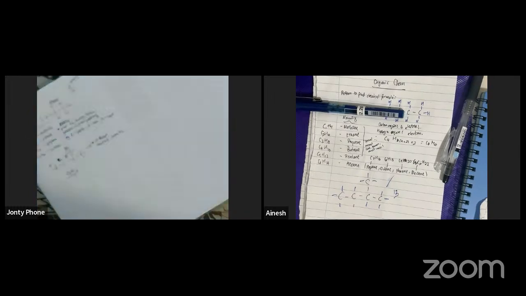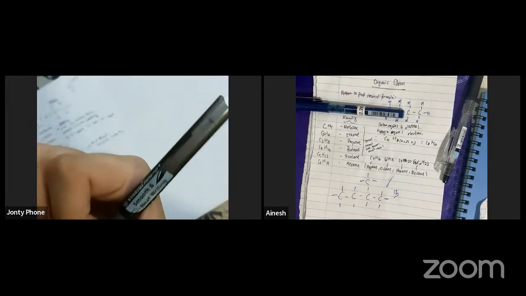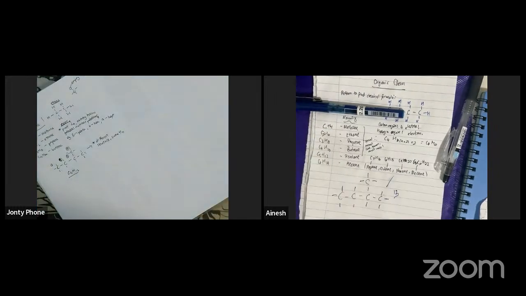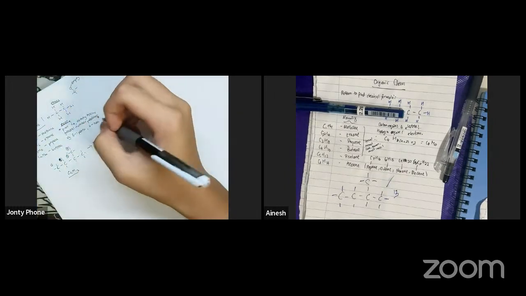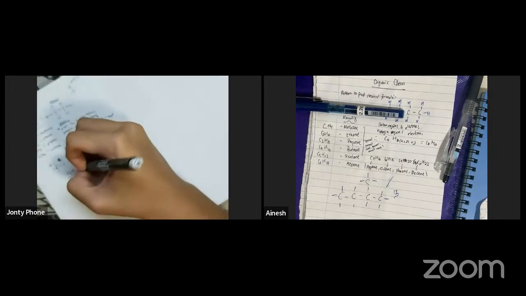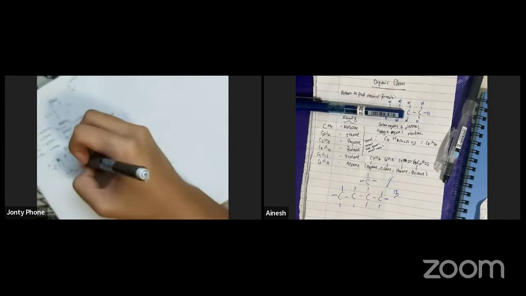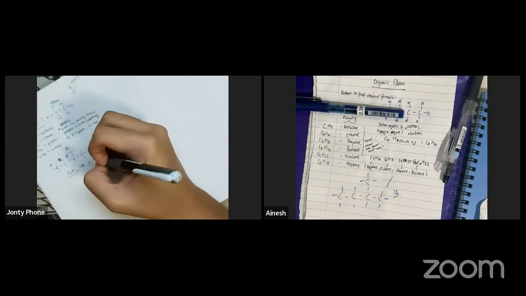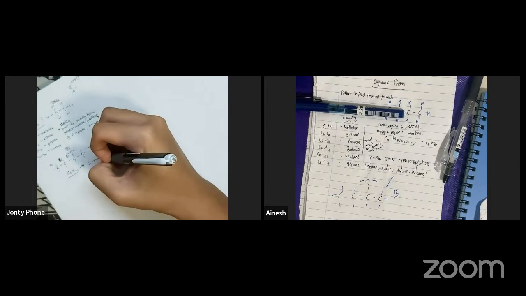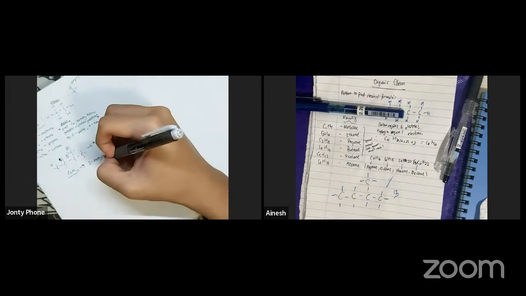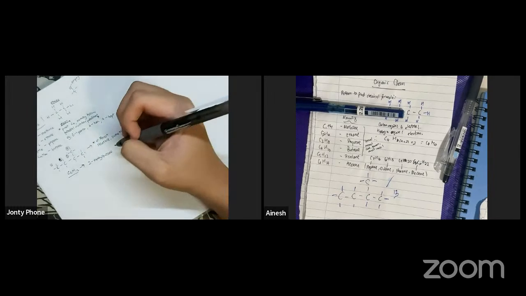I try not to put it into words. Because, will you believe it or not, the rules are extremely visual. The English doesn't do justice. However, Ainesh, you probably still need to put it in English, whether now or later. That's just your personal need.